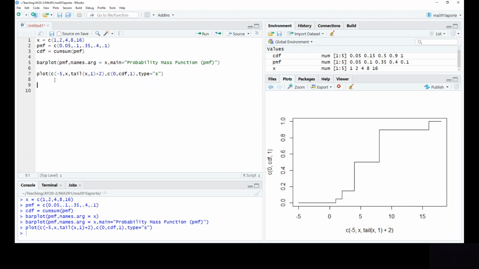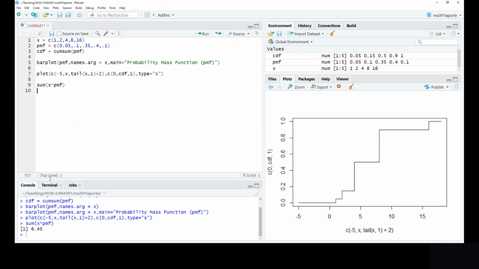What would this look like if I was going to try to calculate the expected value? Let's just calculate it. We'll say it's the sum, because that's what the big sigma stands for. Support. That's not support, it's X. I'm used to using support here for that, but we can just use the X. X times the PMF. See what we get there. 6.45, which we said before.